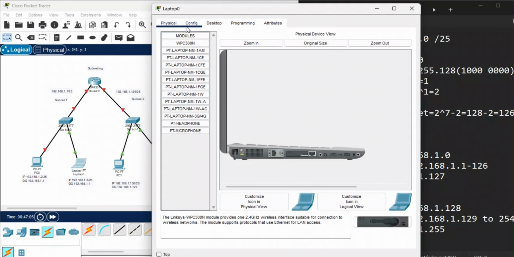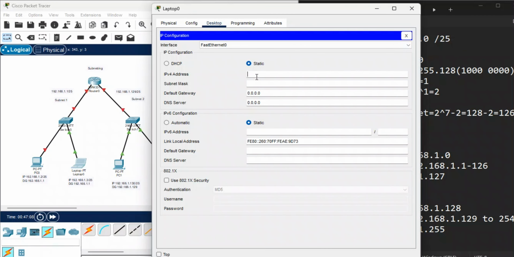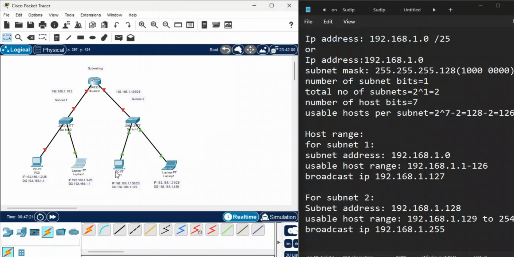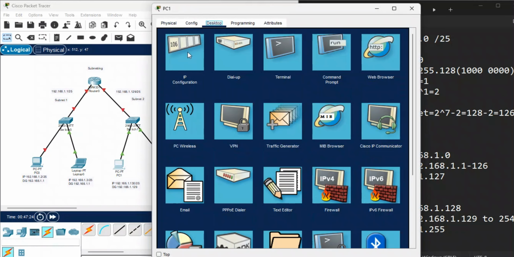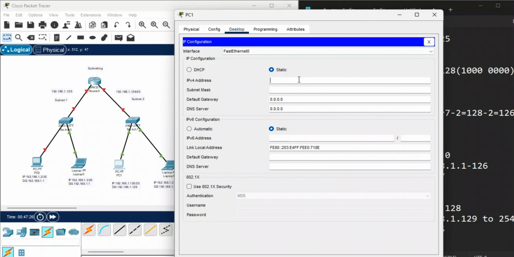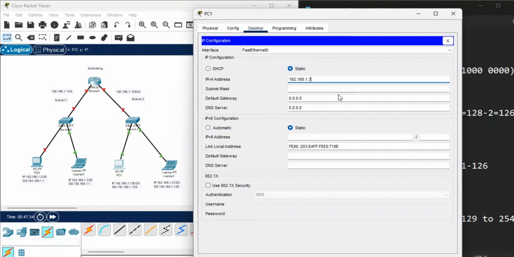And for this PC I'll give the IP address 192.168.1.3, subnet mask will be 128, default gateway 192.168.1.1. Next, 192.168.1.130, 128, and gateway 129.